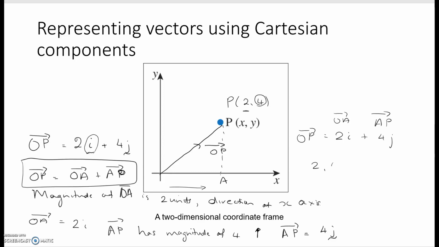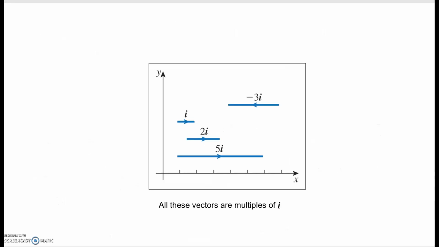So 2 and 4 are the Cartesian coordinates of the vector OP, and you've done this in maths. And we can think about this vector i as being several lengths in several directions, as long as it's horizontal.